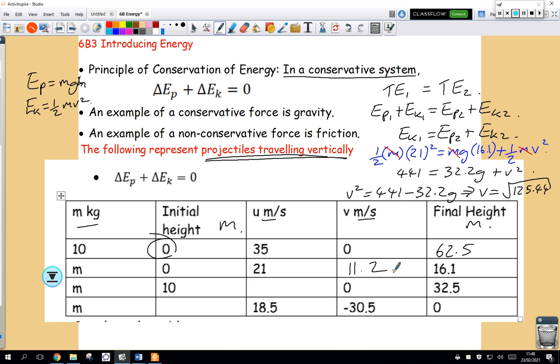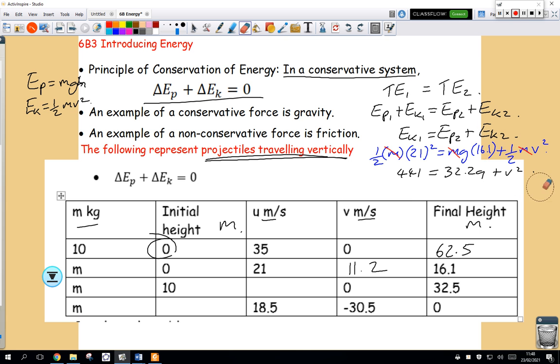So we're not at the maximum height there. You know, this has got some speed. But the total energy here, total initial energy, is equal to its total final energy, because the principle of conservation of energy says the total change in potential energy plus the total change in kinetic energy, which is the total change in mechanical energy, is equal to 0.